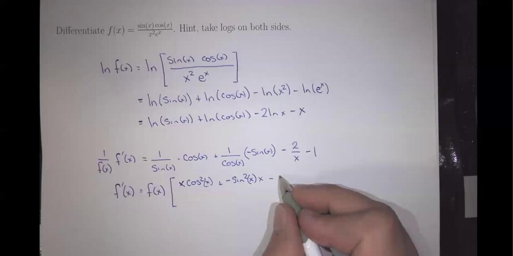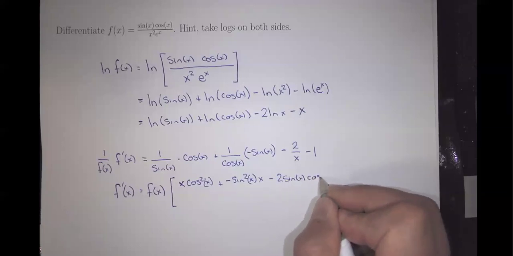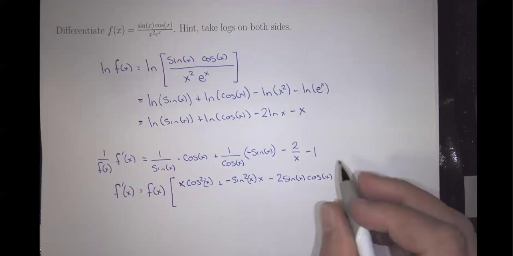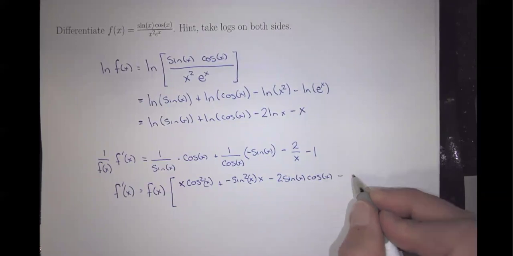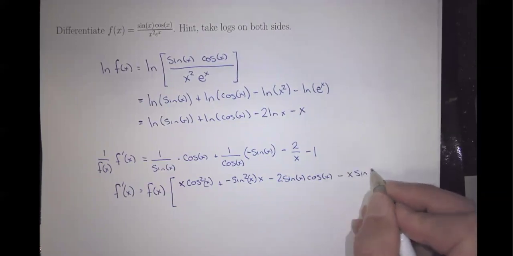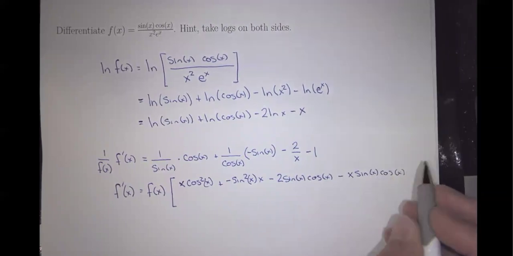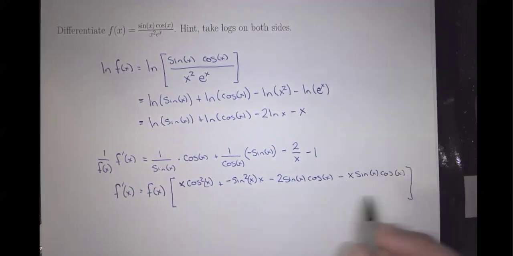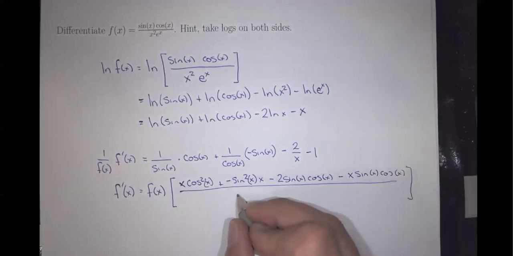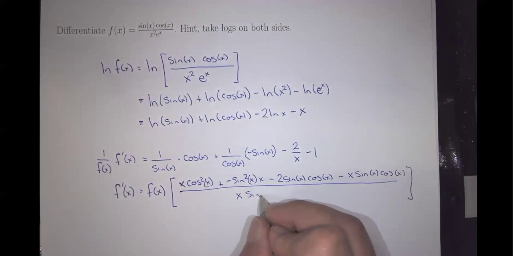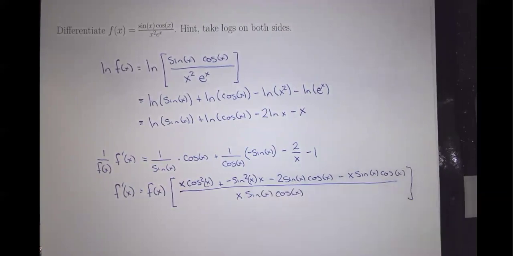Here I get 2 sine x cosine x. And then my 1, I need to multiply top and bottom by x sine of x cosine x. That whole thing is that common denominator of x sine x cosine x.